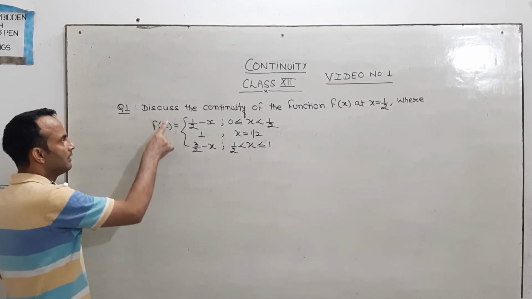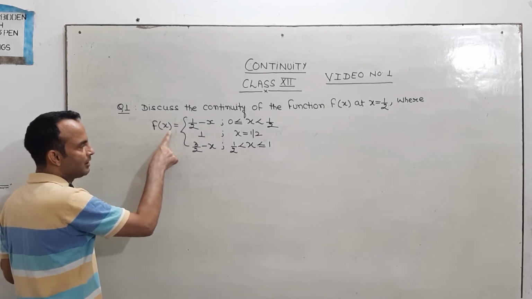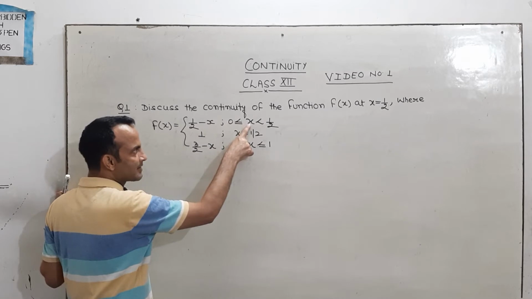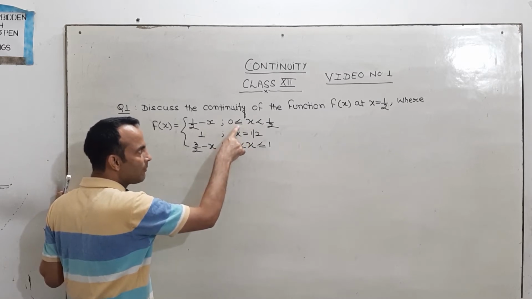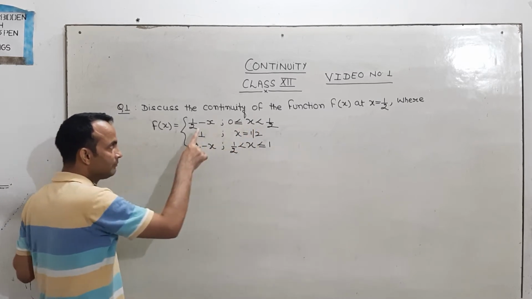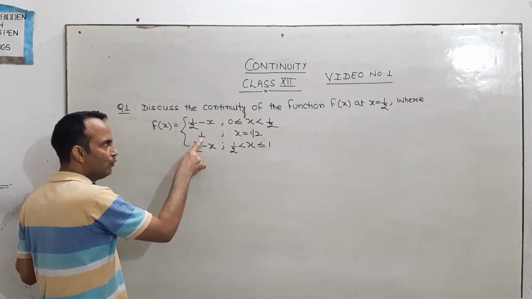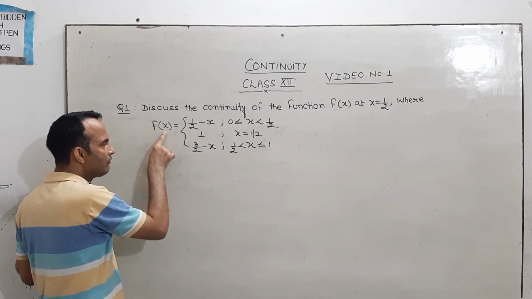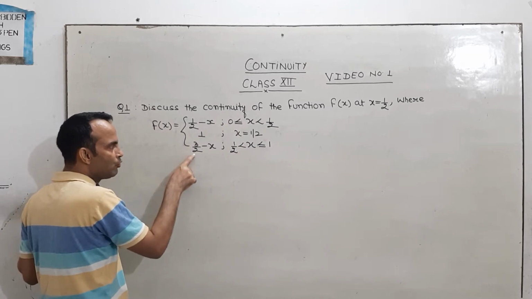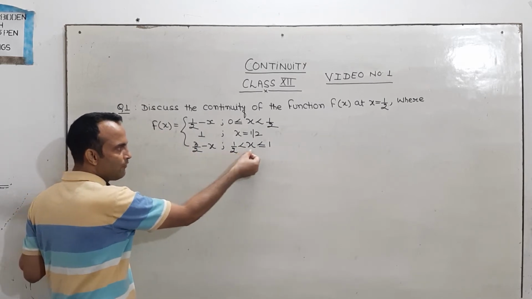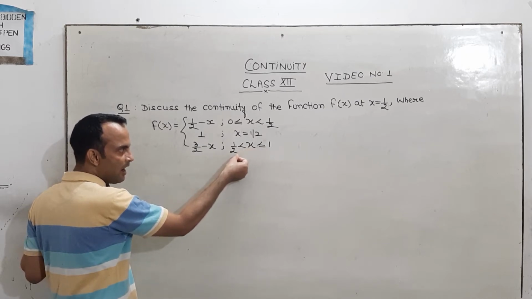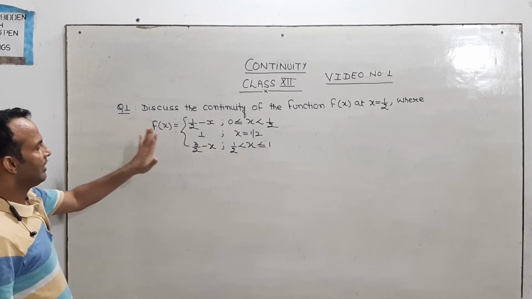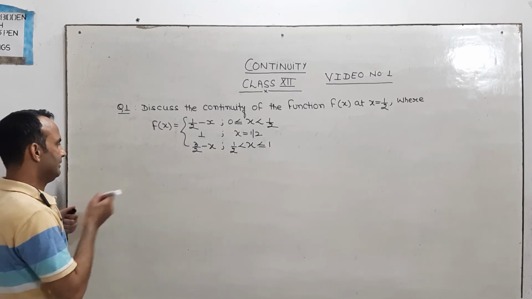See here, the given function f(x) is equal to half minus x when x is greater than or equal to 0 but less than half, f(x) is equal to 1 when x is equal to half, and f(x) is 3 upon 2 minus x when x is greater than half but less than or equal to 1. Now we have to discuss its continuity.